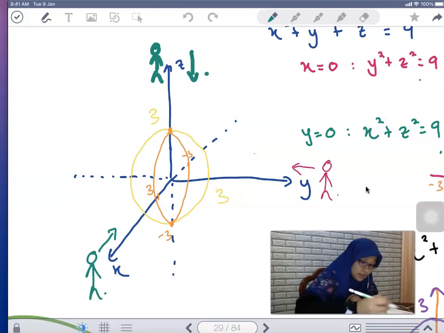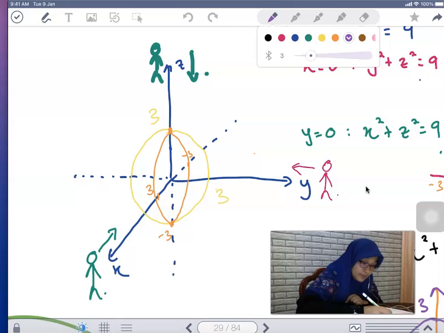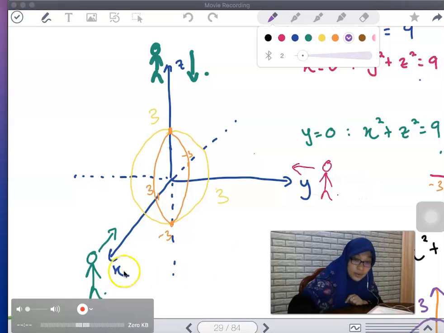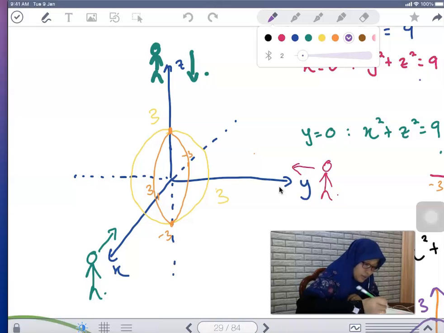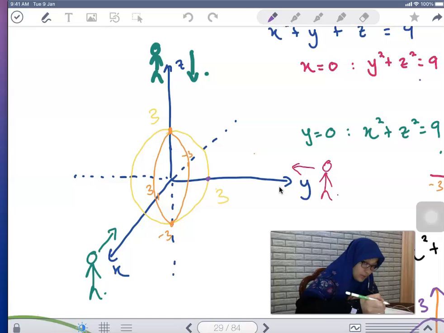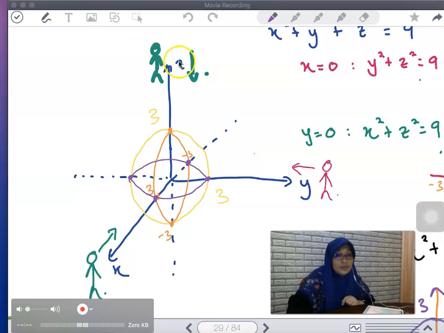So on the Y-X plane, your Y-X down here, so you have Y3 and what else? X3 and X minus 3 and also Y minus 3. So now you draw the purple circle. So touch this line, and also. Okay, remember you are looking from this side. Then that is your sphere.